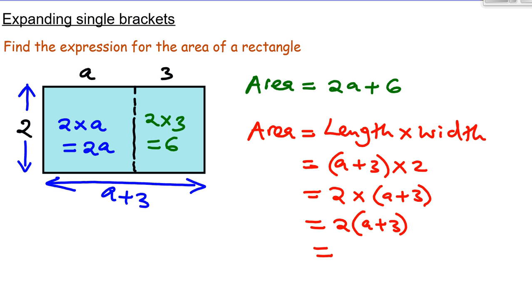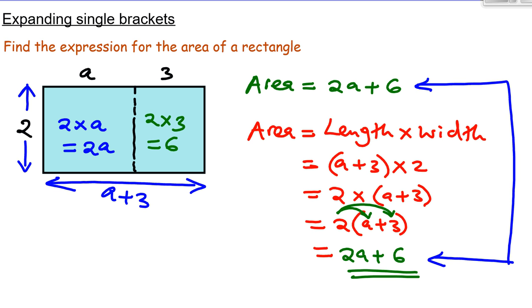Now we can expand this bracket, by multiplying 2 by that and 2 by that, whereby we'll end up with 2A plus 6.